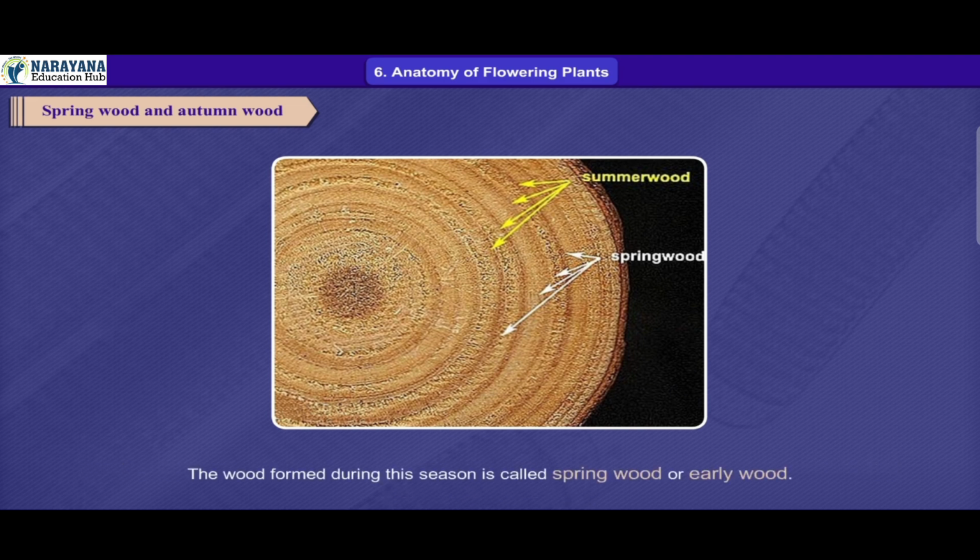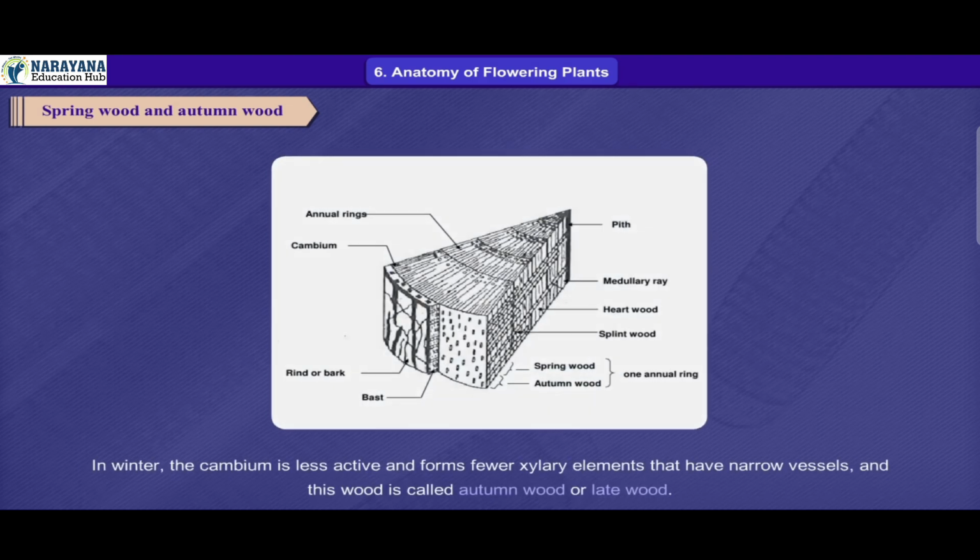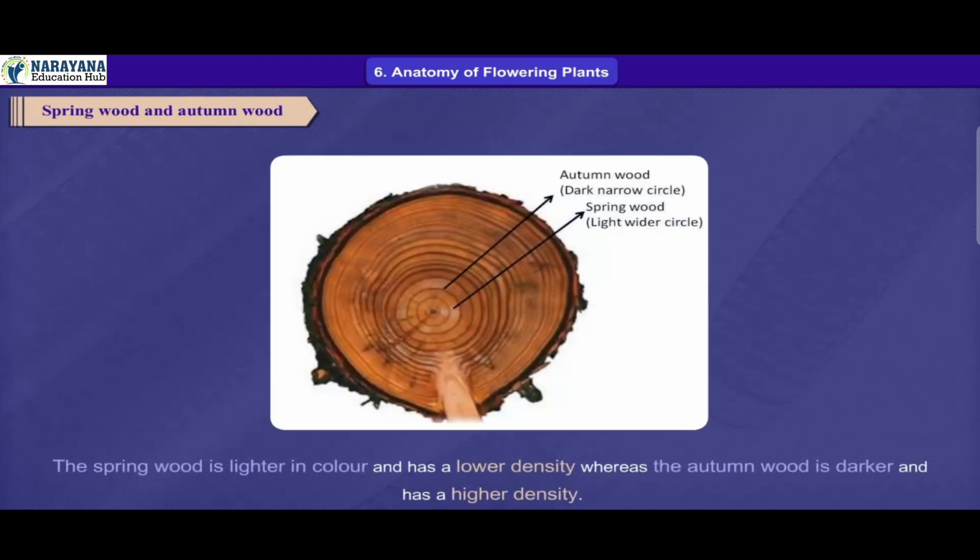The wood formed during this season is called springwood or early wood. In winter, the cambium is less active and forms fewer xylary elements that have narrow vessels, and this wood is called autumn wood or late wood.